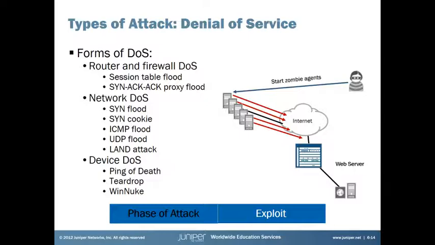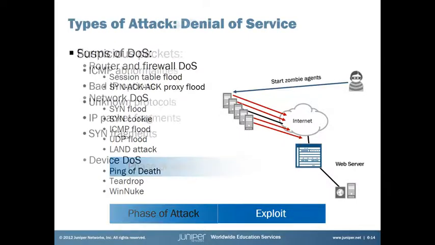Teardrop, again, it's just a malformed packet, and so is WinNuke. So these are just some examples. None of these things are static. These things keep on changing. There's always new things coming along. So these are just some examples of types of attacks.